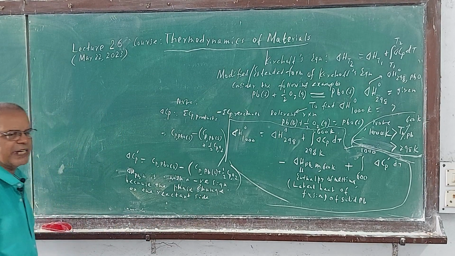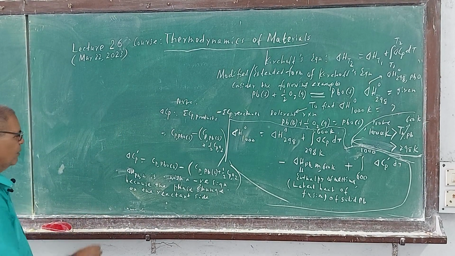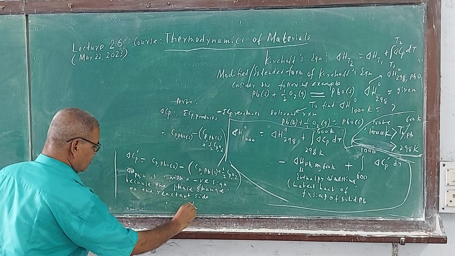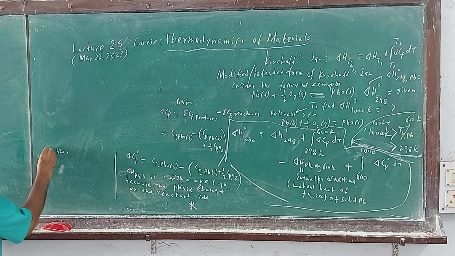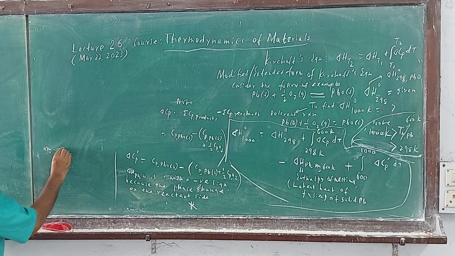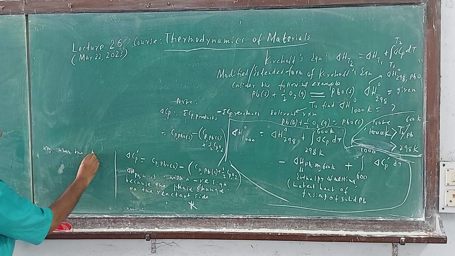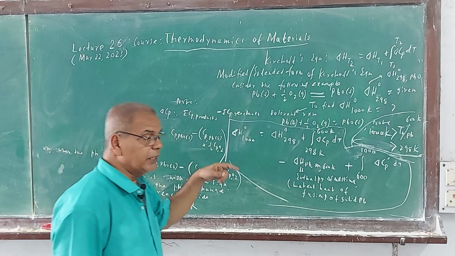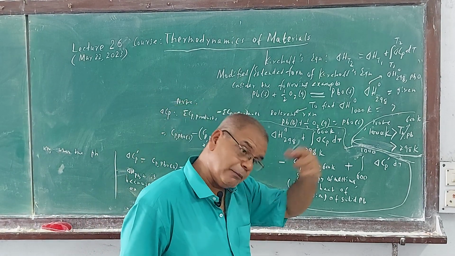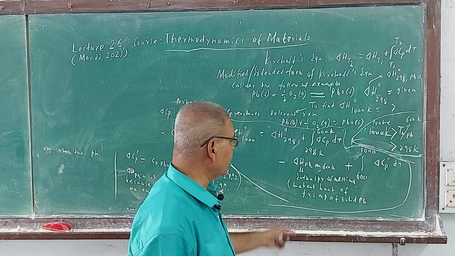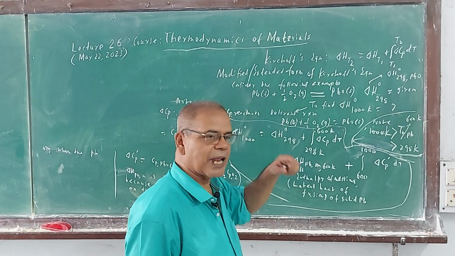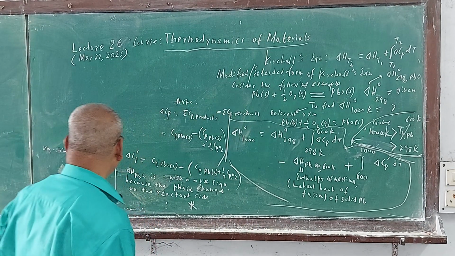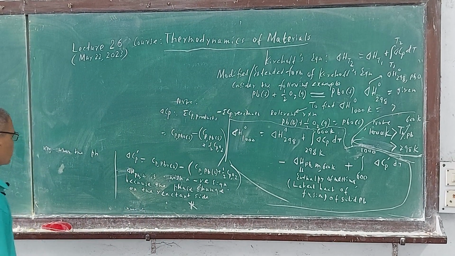What does it mean? When it is with a negative sign, when will delta Hm be positive? When the phase change occurs on the product side, for example, lead oxide will be molten. Lead oxide will melt above the melting point of lead oxide, obviously. If we consider the temperature above the melting point of lead oxide, then lead oxide will be liquid.